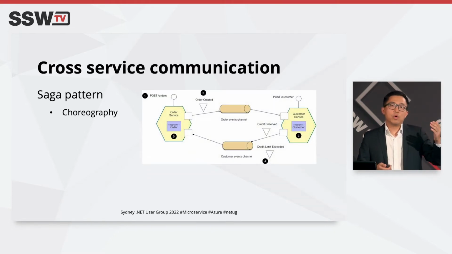Basically, when one service has completed its task, the other service is going to react to it by getting some events through some channel. So we can think about one dancer has done his or her movement, and another dancer would react to it. This way, the events are chained up, and the services react to each other, and eventually they complete some task.